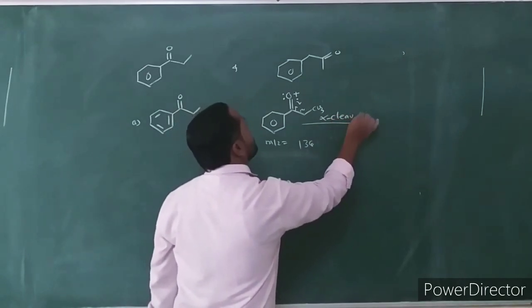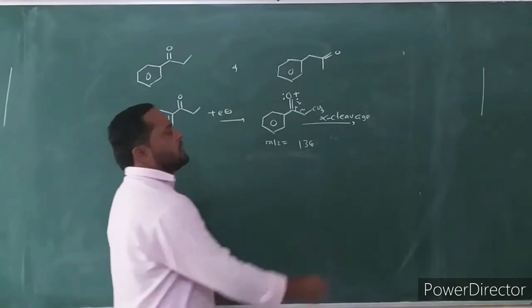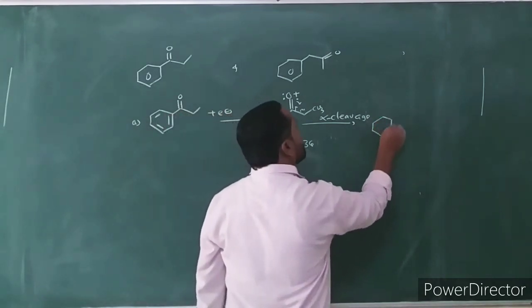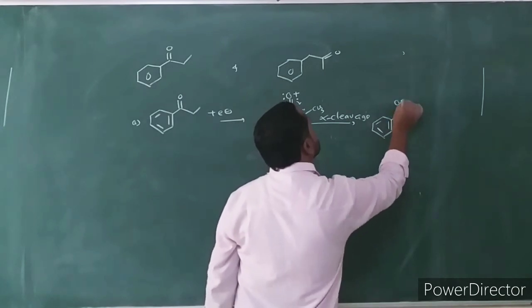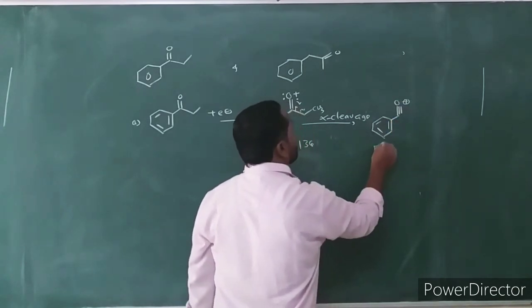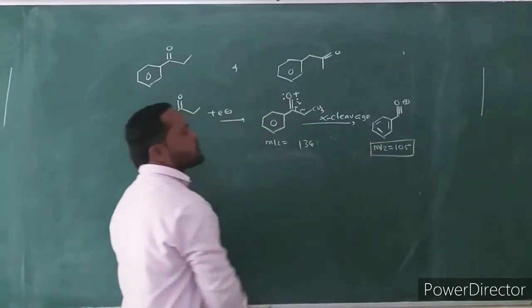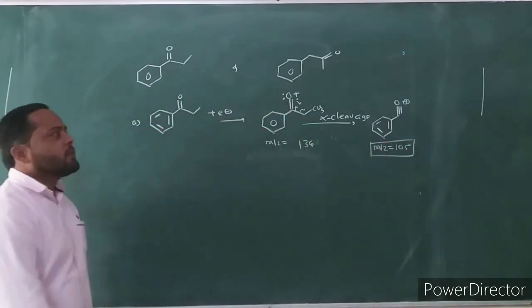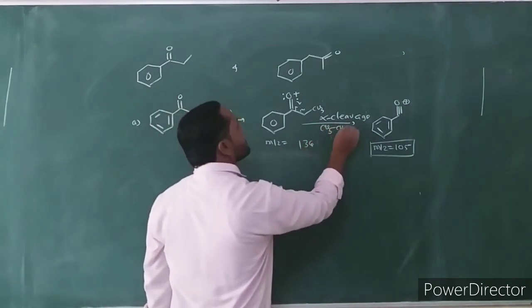Then it undergoes alpha cleavage fragmentation. It gives the phenylacylium ion at mass to charge ratio 105 with loss of the ethyl radical, CH3CH2 radical.